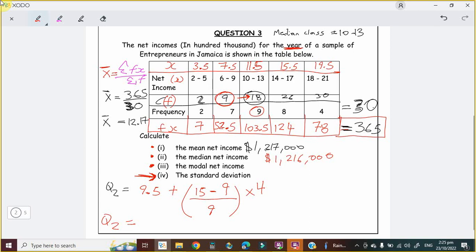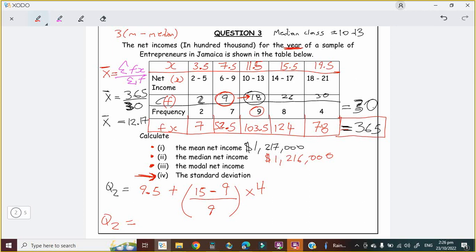What's the formula for skewness? 3 in brackets, mean minus median. So is that negatively skewed? No, positively skewed. Mean minus median, positively skewed.